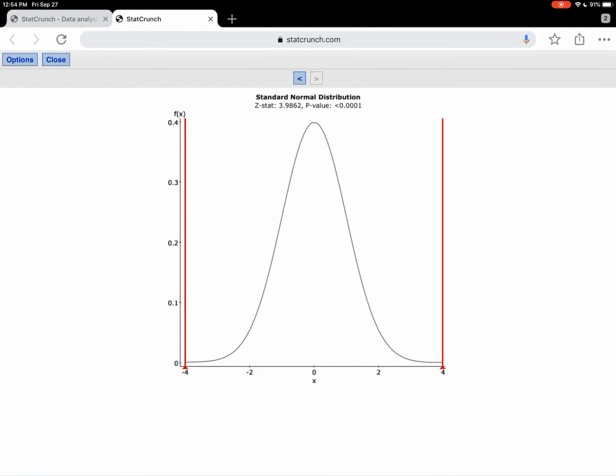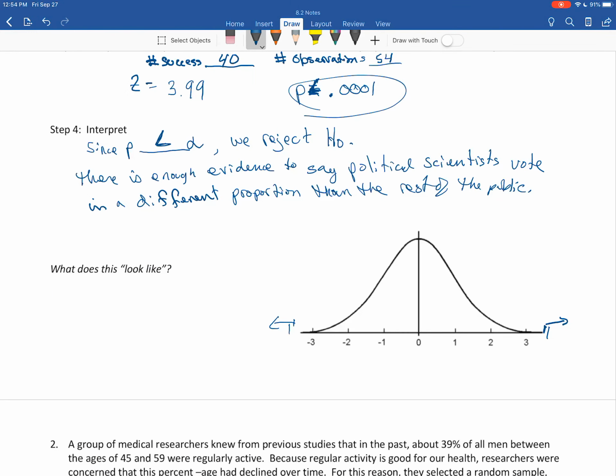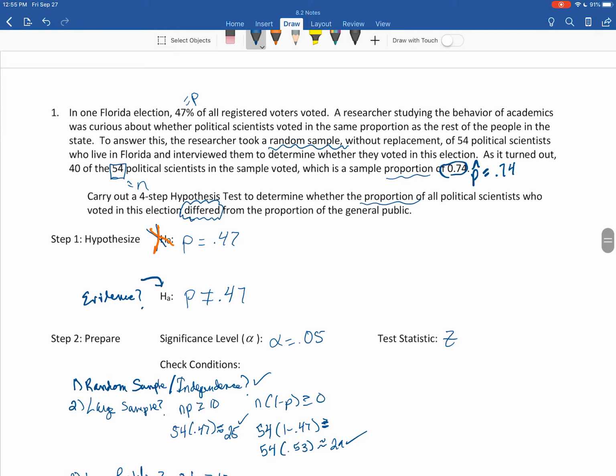So that's what shows up in your plot. It's just a prettier image than the one that I was trying to draw. It shows you those markers at the positive and the negative 3.99. And we're saying past that is the probability that we're talking about. Incredibly, incredibly tiny, which is why we came up with the result that we did. This was an extremely surprising result. If we thought it was 47% and the sample proportion we got back was 74, that was a very, very big difference. It is very unlikely that happened by fluke, that we just so happened to take a sample that had a lot more political scientists that voted.